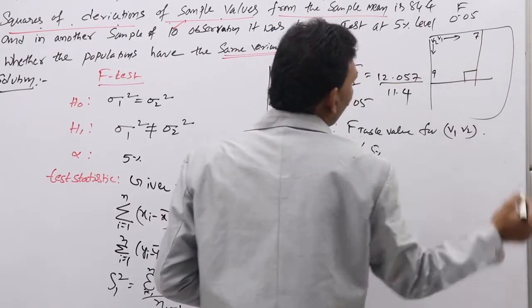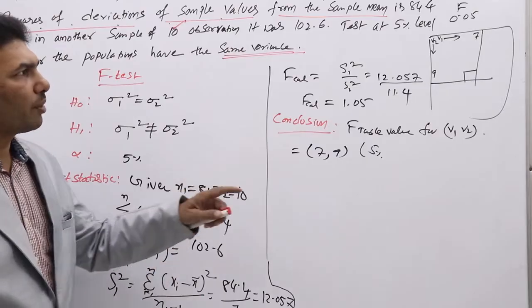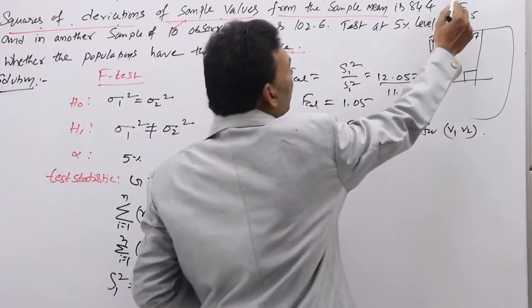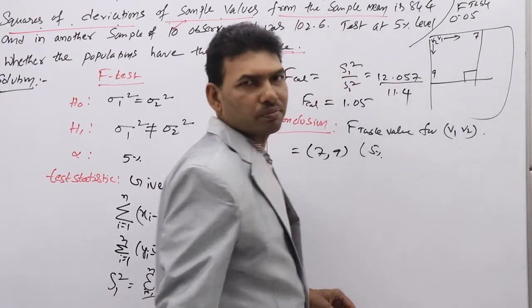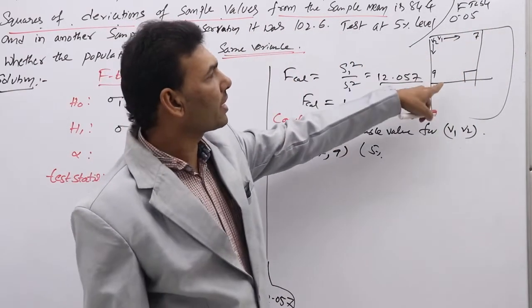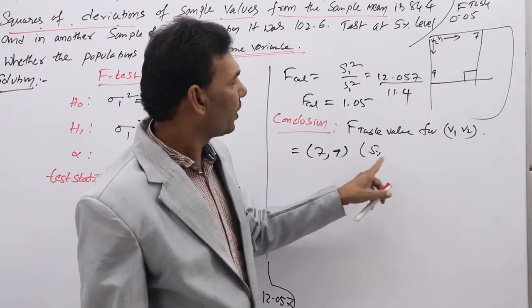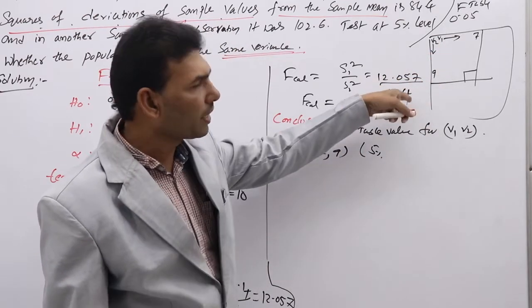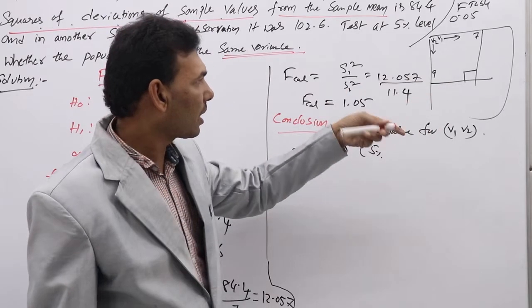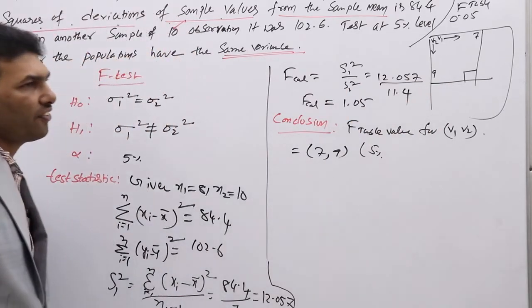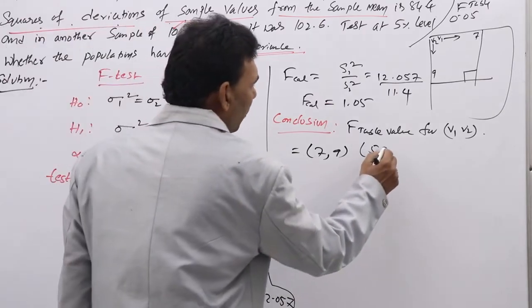7, 9 means in the 9th row you will have 7. Here you need to see the value in the F table, 5% table. Even though I wrote V1, V2 like this, V2 will be in the rows. That's why in the 9th row, 7th column, you will get the F table value 3.29.